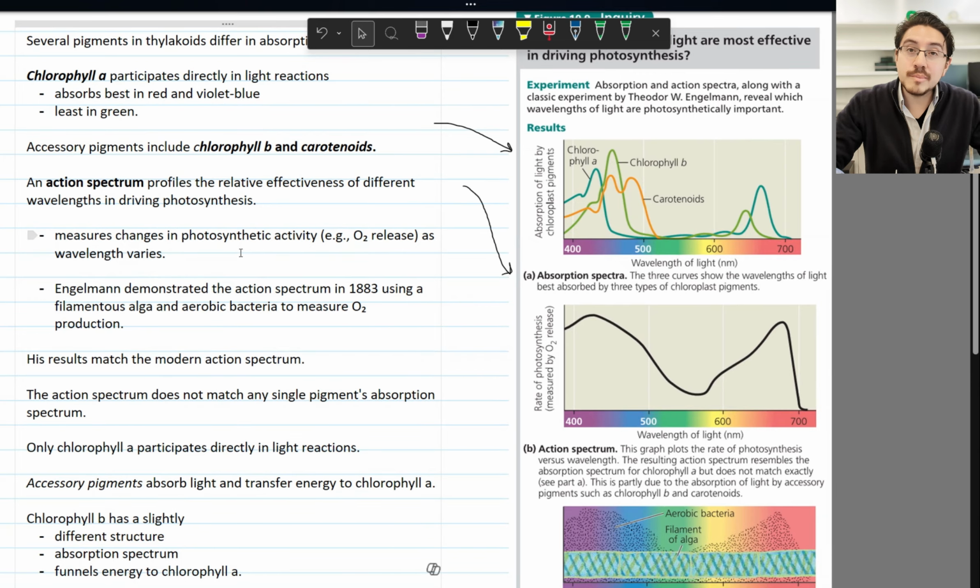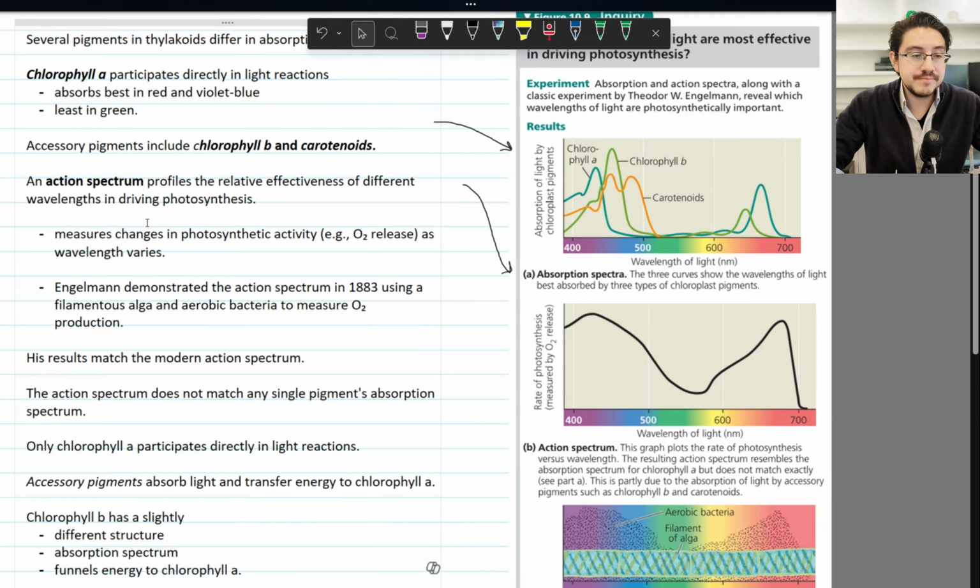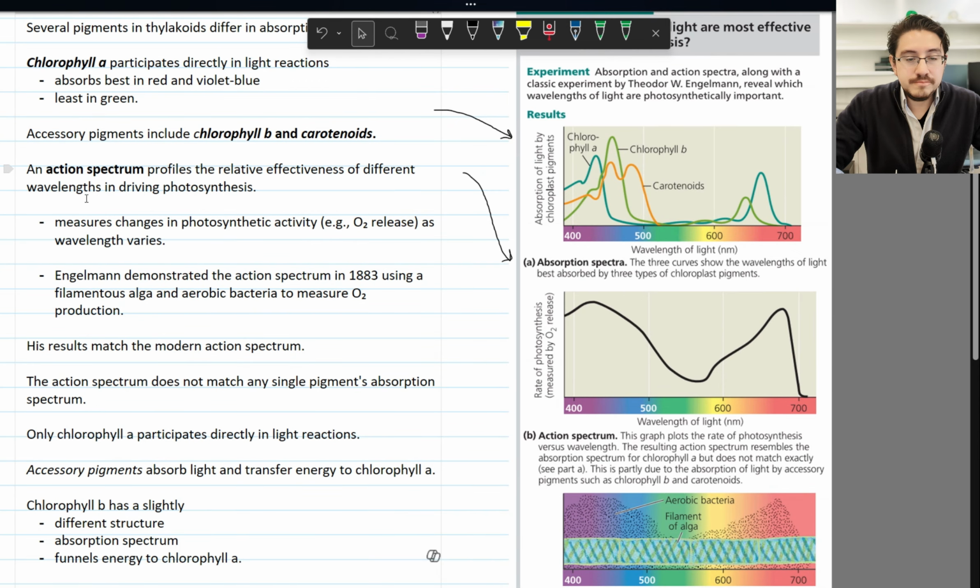But interestingly, plants have other types of pigments like chlorophyll B and carotenoids, which help in the absorption. So again, you have this absorption spectra. You have chlorophyll B. If you notice, there's a lot more blue being absorbed for chlorophyll B, and they absorb around orange and a little bit of yellow here.